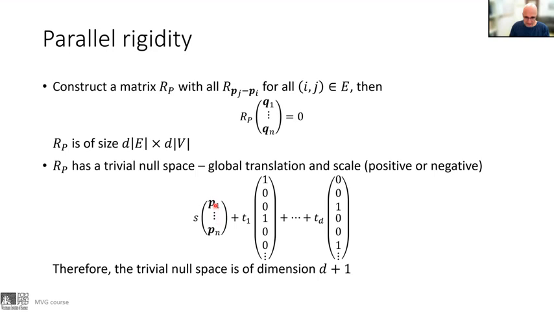Obviously P1 to Pn satisfy this equation, right? Because P1 to Pn are parallel to P1 to Pn. That's trivial. Parallel in the sense that if I try to project Pj minus Pi onto Pj minus Pi, I get 0.